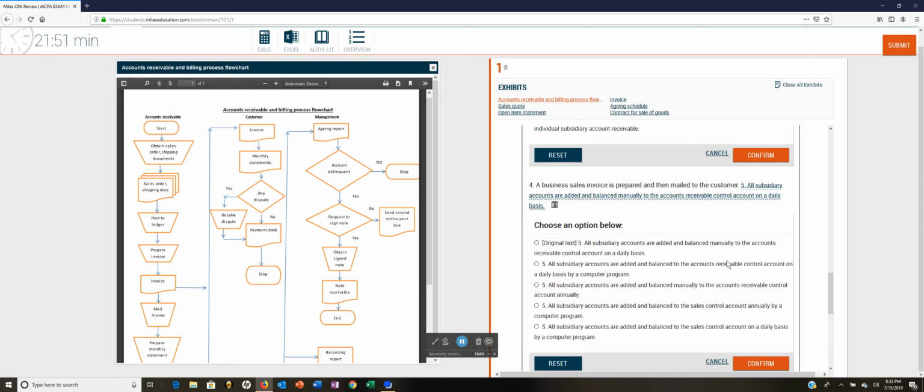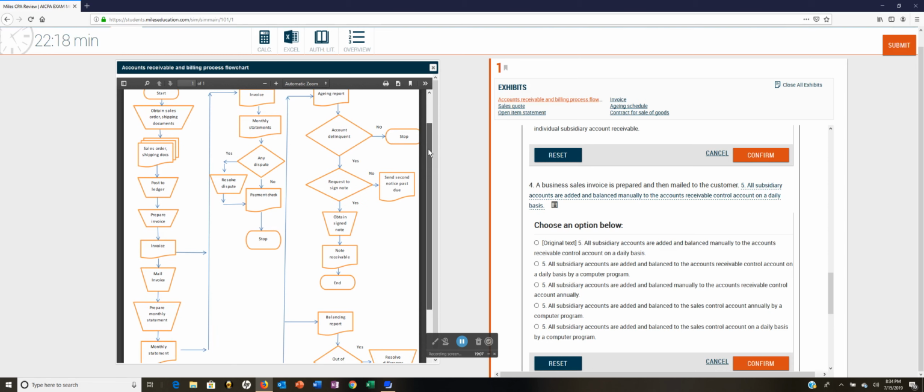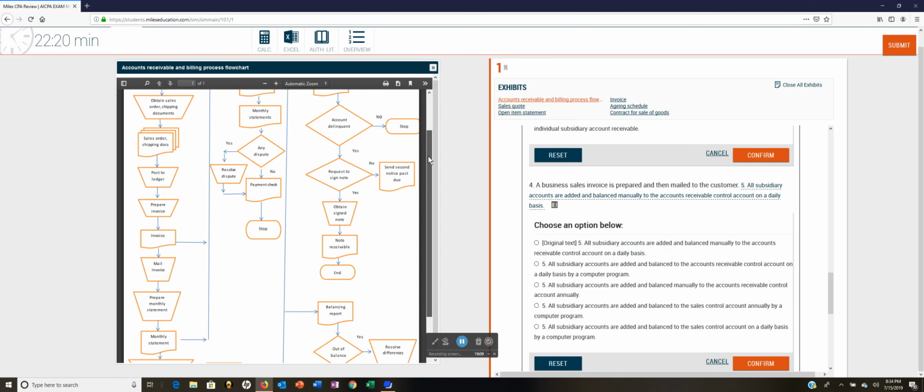So that certainly is odd to me that you'd be balancing them manually to the control account in the 21st century. But let's look at what we see here. We're now looking at the accounts receivable and billing process flowchart. And so AR. Let's look down at the AR does prepare the invoice.